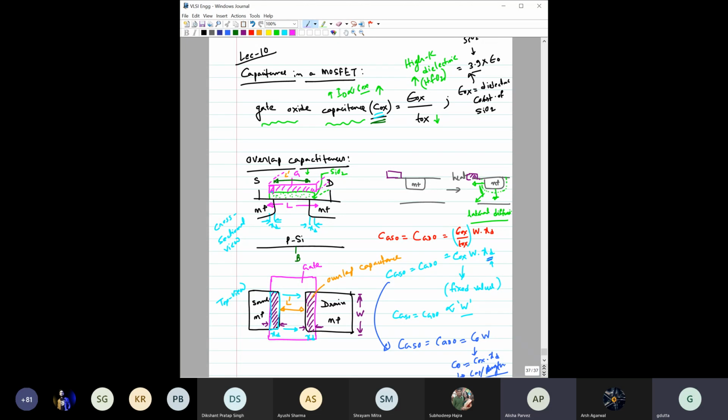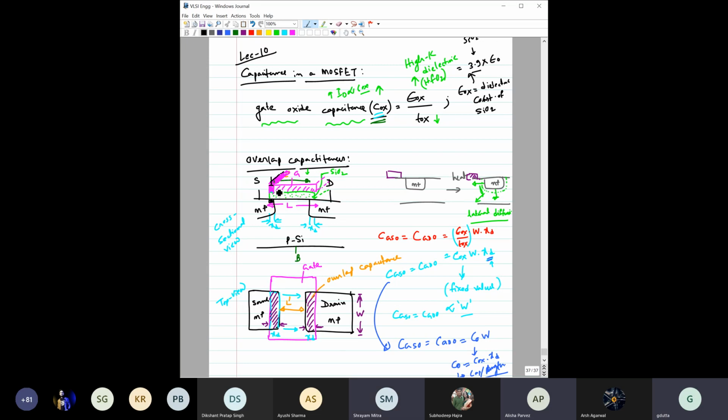For this region, this is one plate for this overlap capacitance, and this is another plate. So the capacitance is between this one and this one, the overlap. So this would be the area, right? This is the XD and this is the width.